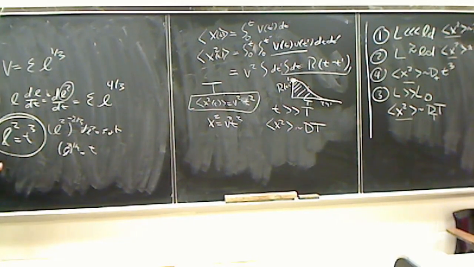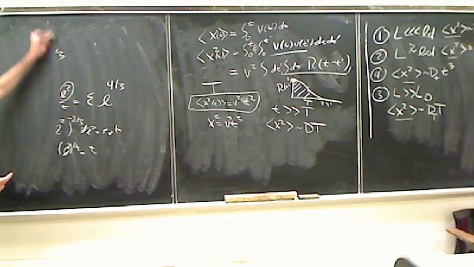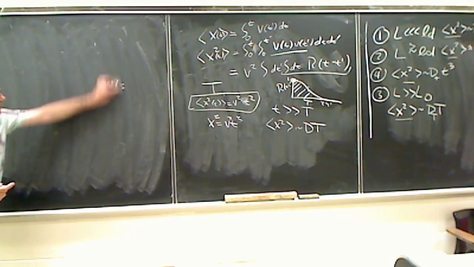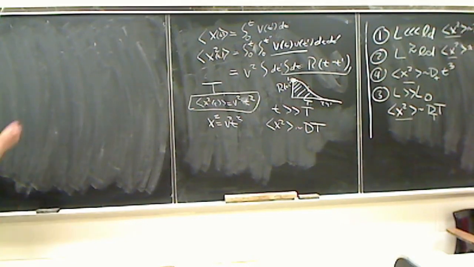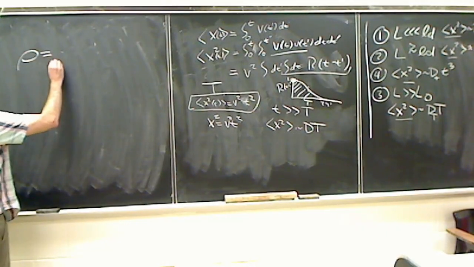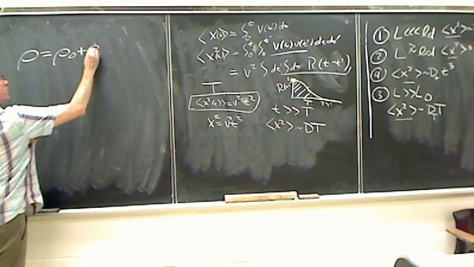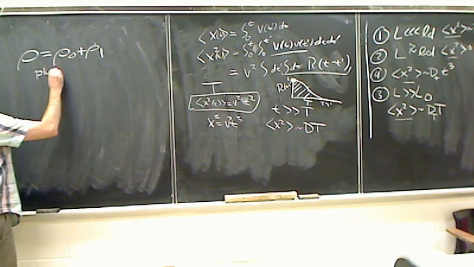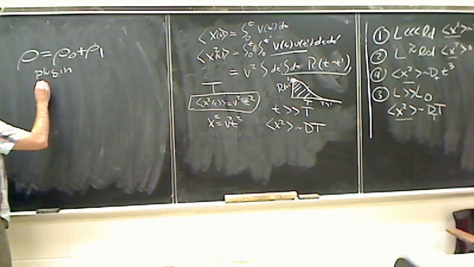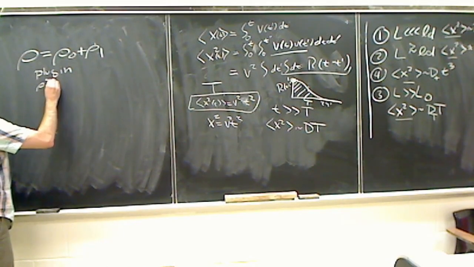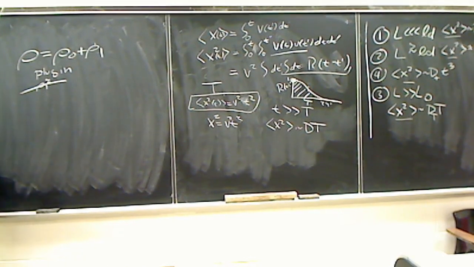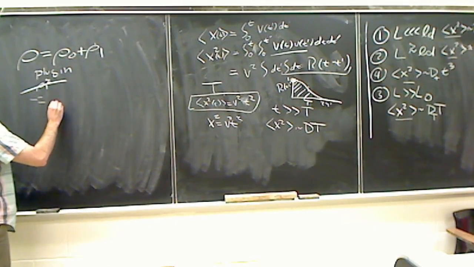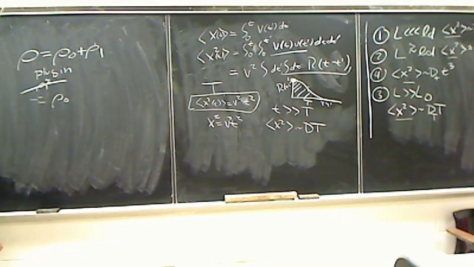Okay, so remember how when we linearized stuff, we said rho equals rho naught plus rho 1. We plugged it into the equation, we get rid of the nonlinear terms, and then we subtract off the background solution that we already know.